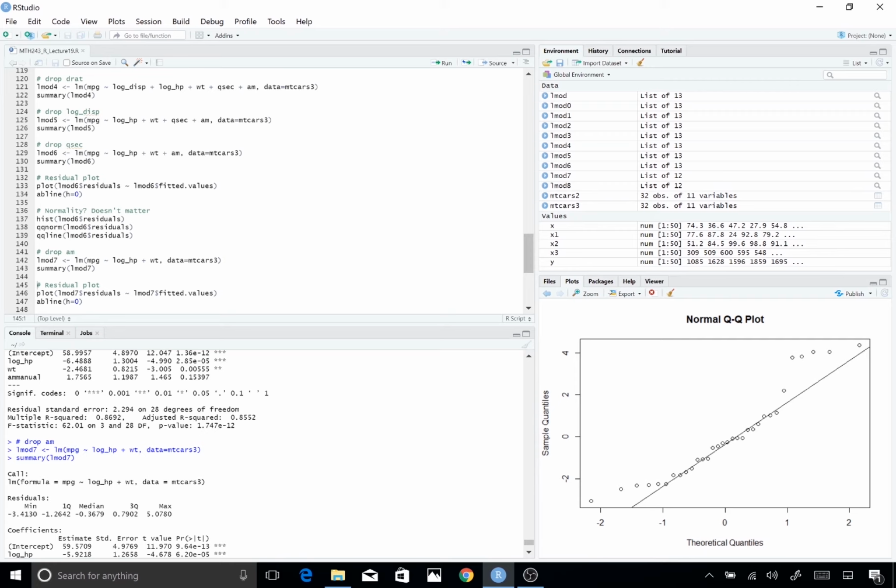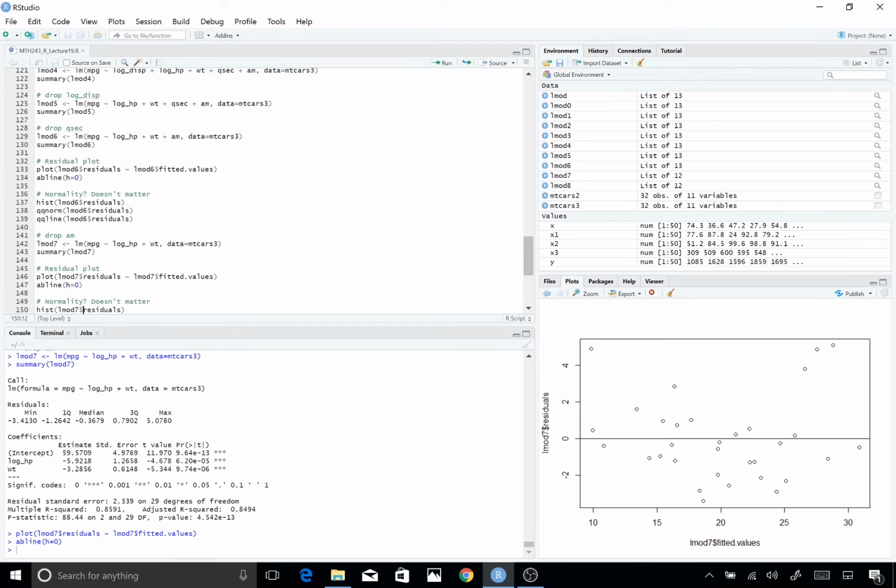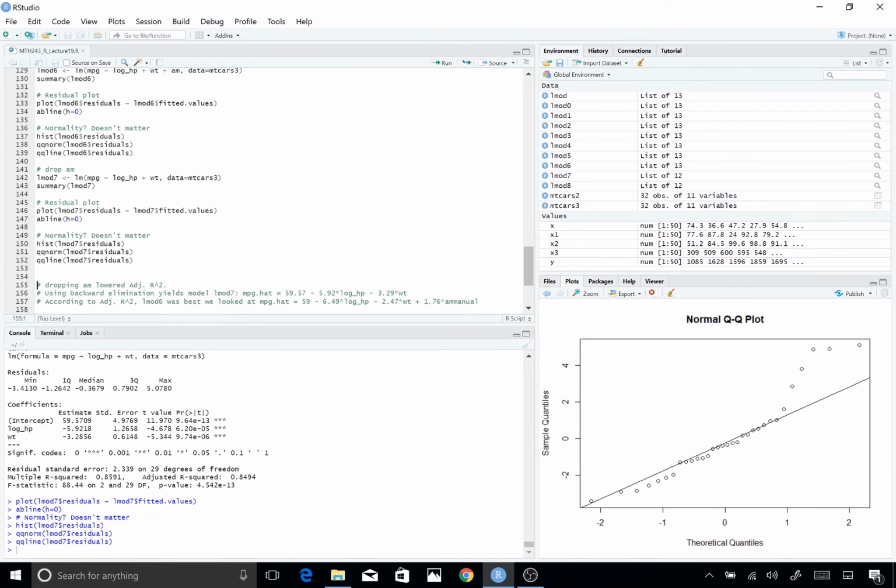The best model according to adjusted R squared was model 6. If we look at the residual plots, there's still that slight pattern in them, which isn't ideal. That's for 7 and for 6.